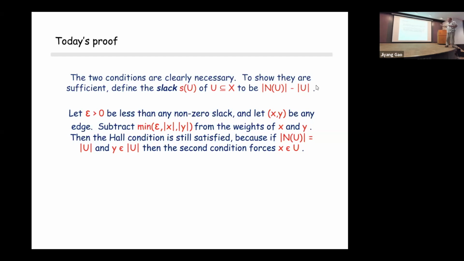And a zero slack is not a problem because the second condition tells us that we won't be able to find an x outside the set mapping to something in the set. And if that doesn't happen, then reducing the weight of this edge doesn't do any harm. So what do we do?